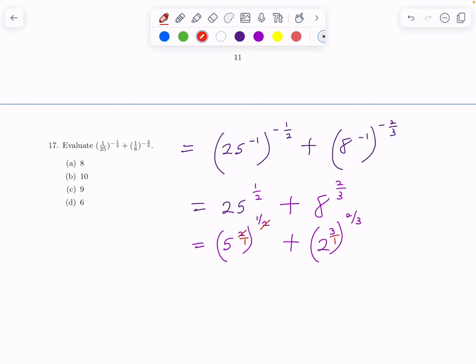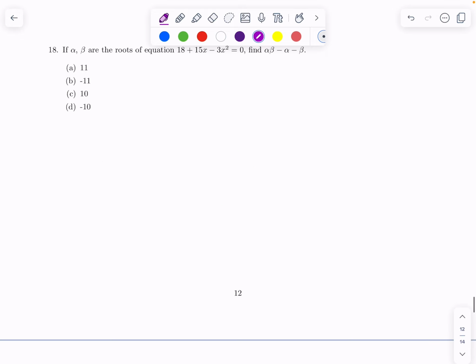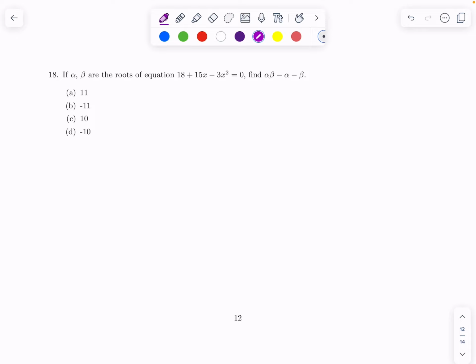And this is like 3 over 1, so this 3 here can cancel this 3 here. So I'm going to be left with 5 plus 2 to the power of 2, and this 5 plus 4 is equal to 9. My answer is just C. Okay, we are making good progress.